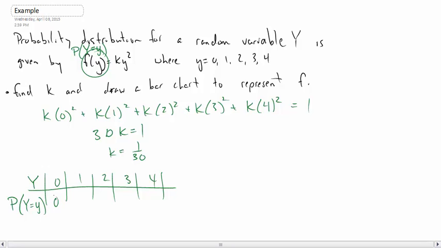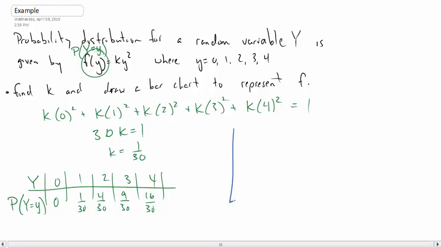The probability of 1 would be 1/30. I'm just substituting 1/30 here and plugging in my different values for y. Probability that y is 2 is 4/30. Probability that y is 3 would be 9/30. And the probability that y is 4 is 16/30. So we could check and make sure that all of these do indeed add up to 1, and all of these are between 0 and 1.